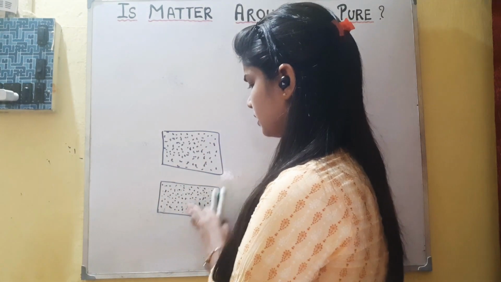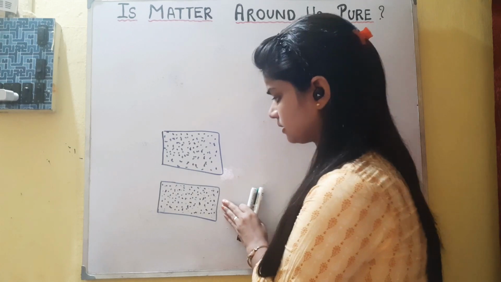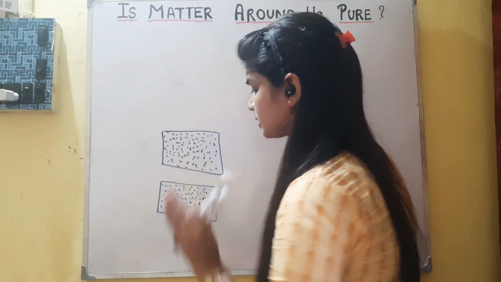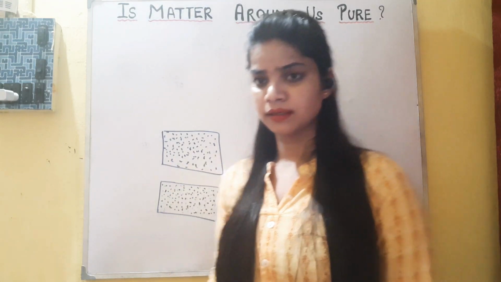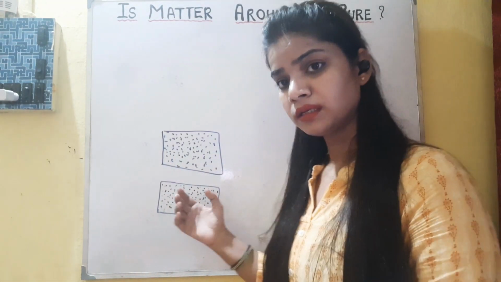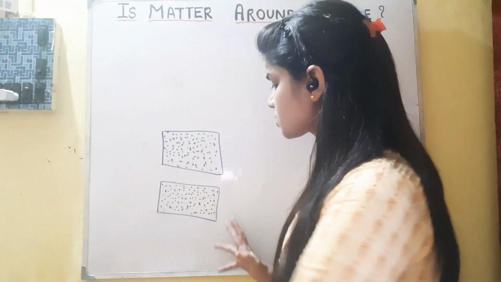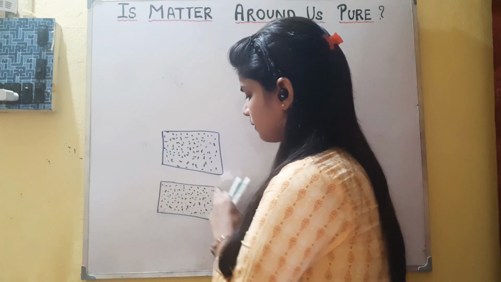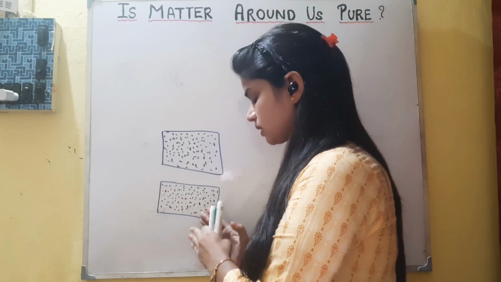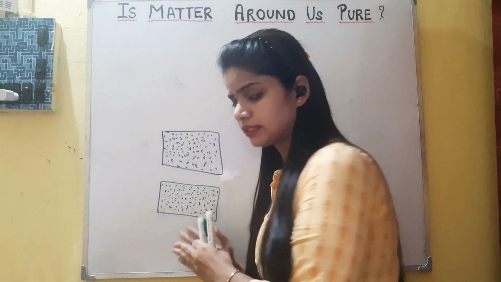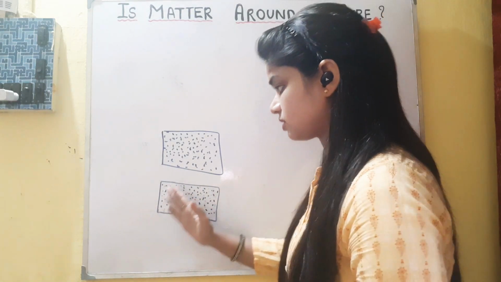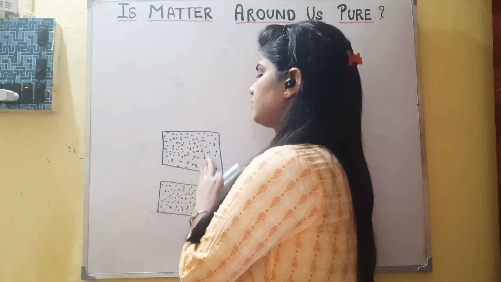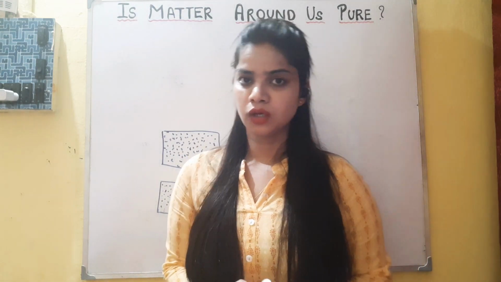But if we notice the second matter, we will see there is more than one color of particles. Is it visible? Yes. So here we see many different types of particles inside the second matter, and in the first matter there is only a single type of particle.